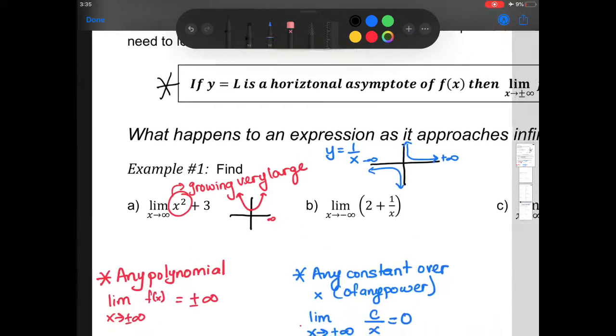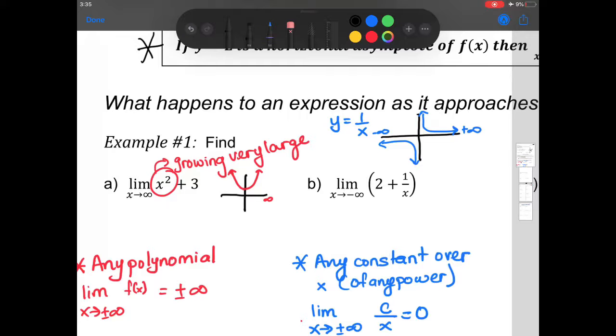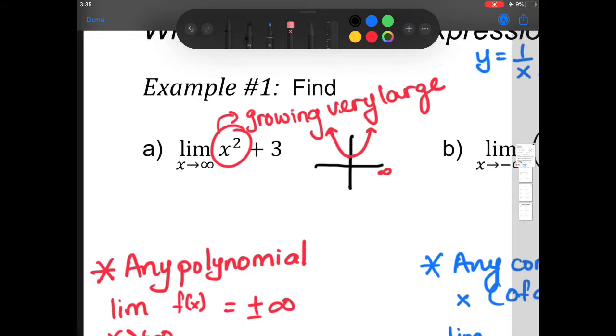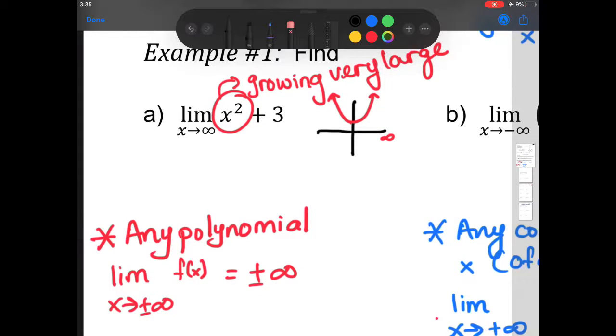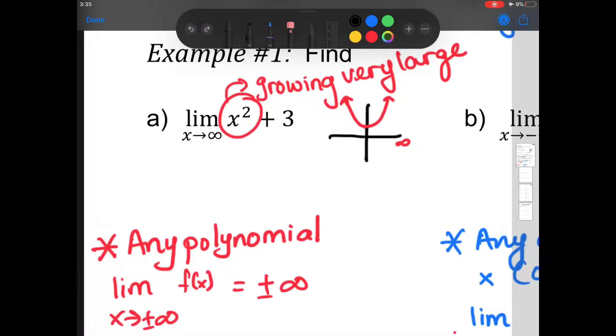Okay, so I'm going to get started with example 1a. It says what happens to an expression as it approaches infinity. I'm just going to zoom in. You can always pause and copy it down so that the video is not too long. It says limit as x approaches infinity, x squared plus 3.